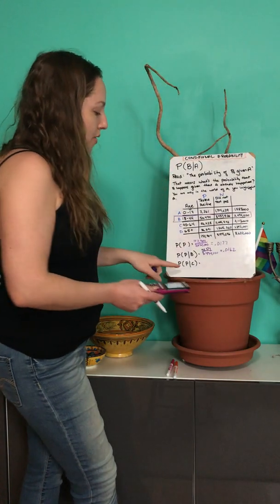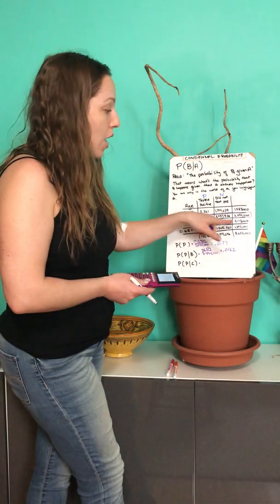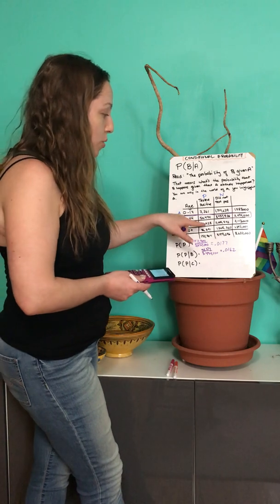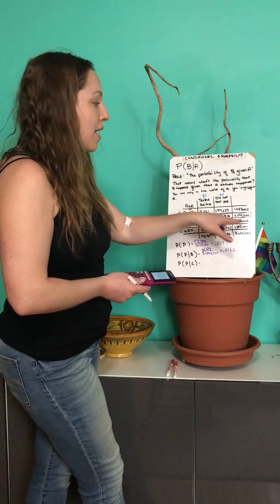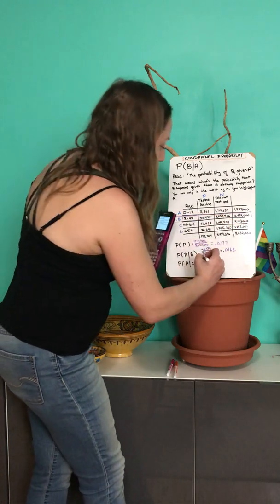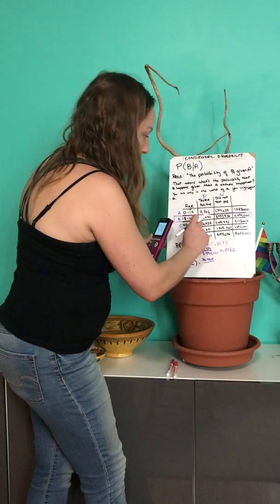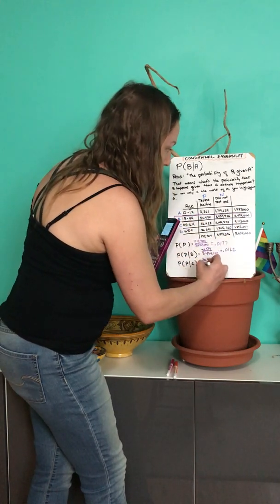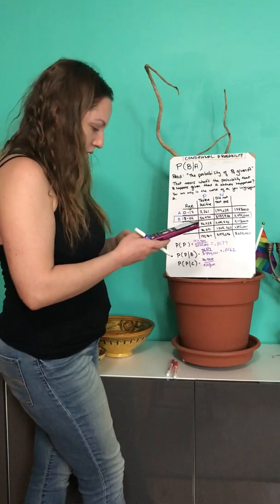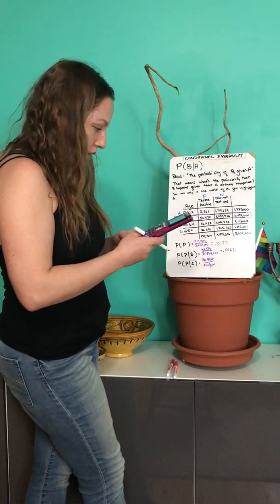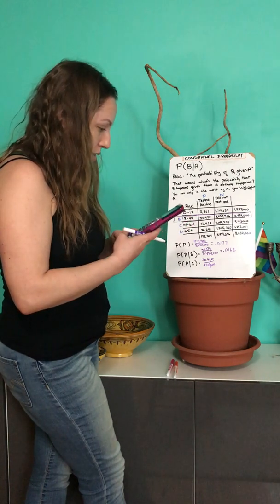Then we have, what's the probability of P given C? That means the probability that they test positive given that they're in the C age group. So now I would highlight this group. I'm looking at the positive in that age group, given that they are in that age group. So it would be 56,428, this one right here, out of the total in that age group: 56,428 divided by 2,113,000.